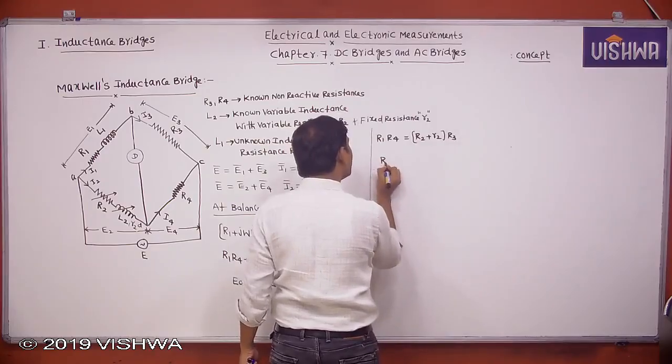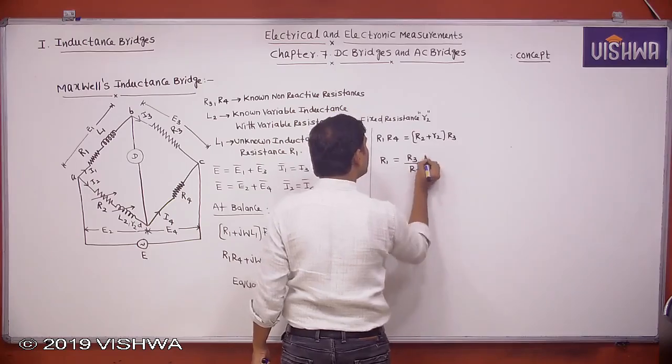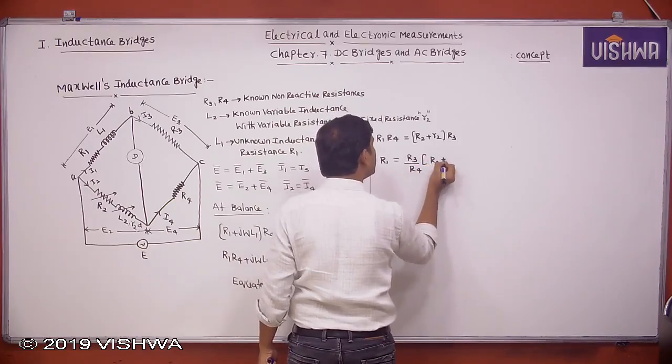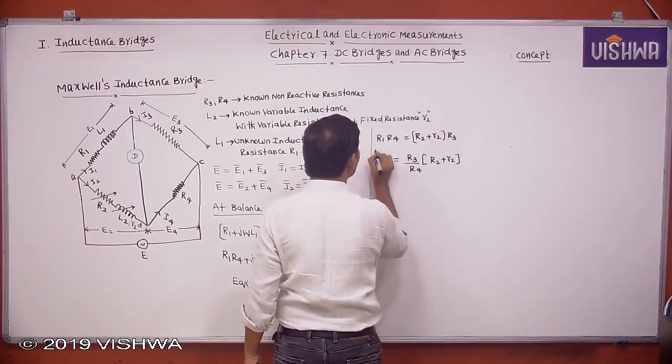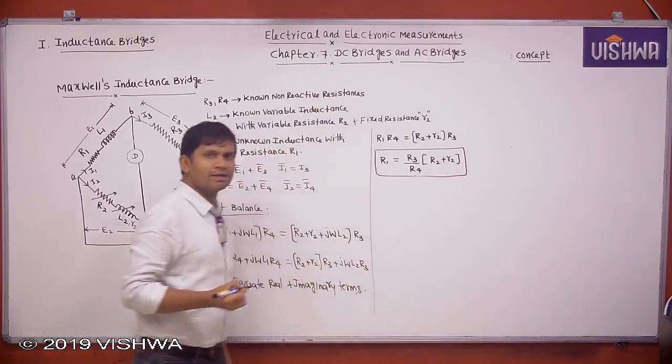Then what is R1 equal to? R3 by R4 into R2 plus small r2. This is the measurement of unknown value in terms of known values. This equation is called the balance equation.